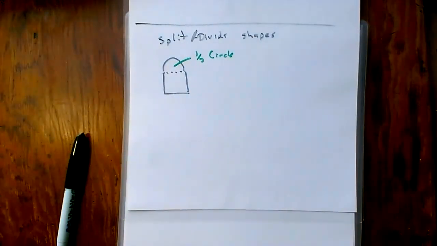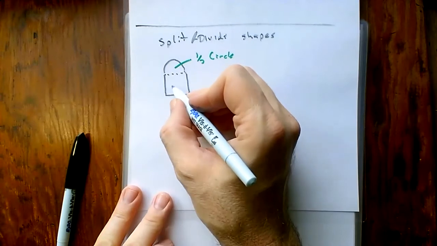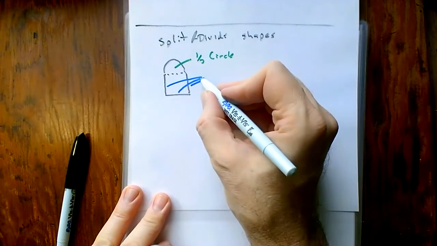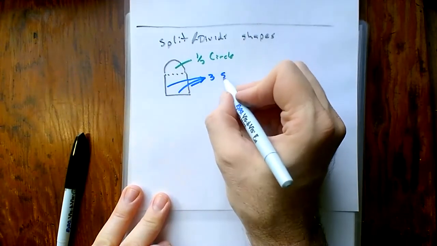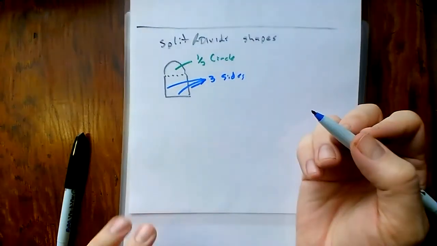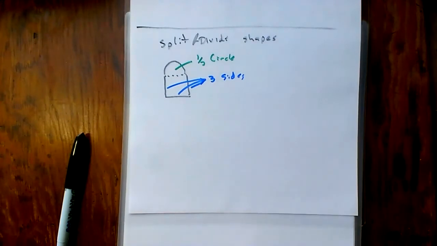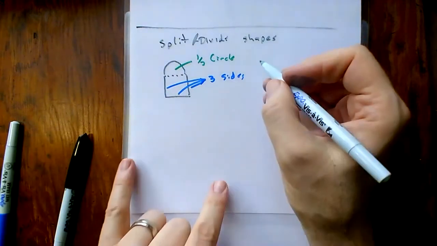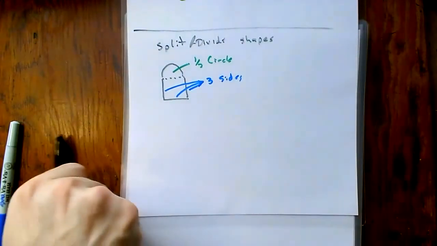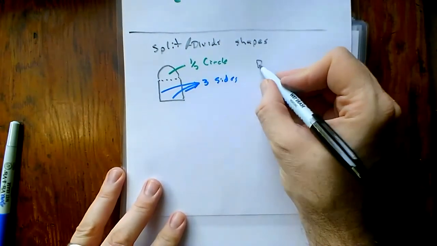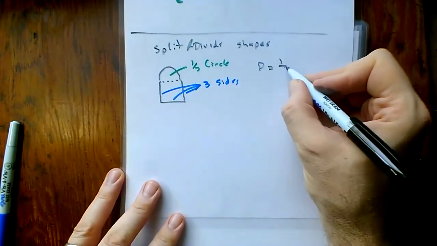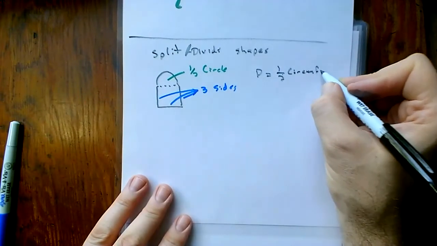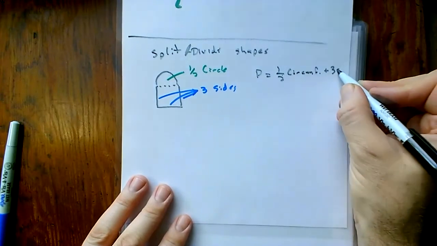And then I have 1, 2, 3 different sides. So when I'm putting together my pieces, I could say my perimeter, therefore, is going to be literally half of my circumference plus my 3 sides.